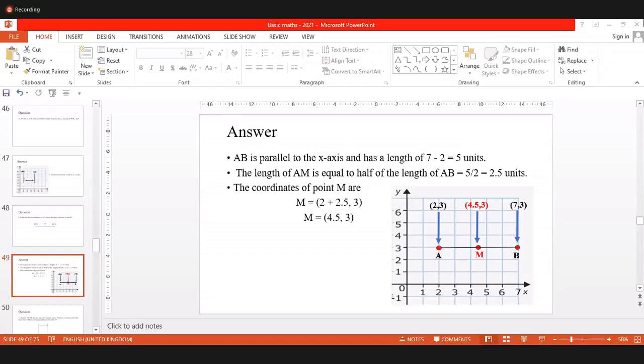So in the question they say that M is found halfway on the line. It means that from A to M and M to B is equal duration.